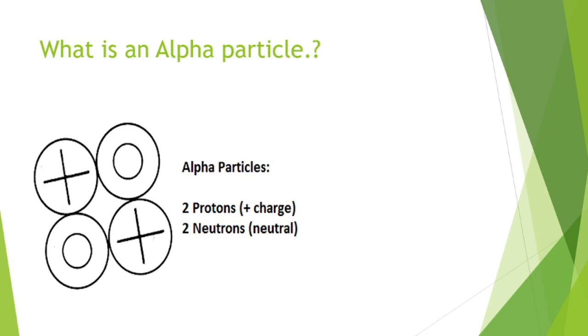So an alpha particle is identical to the nucleus of a helium-4 atom, and since they do not carry any electrons, alpha particles are positively charged. In concise, the composition is two protons and two neutrons, and therefore the mass is approximately 4 atomic mass units, and the charge of an alpha particle is +2.